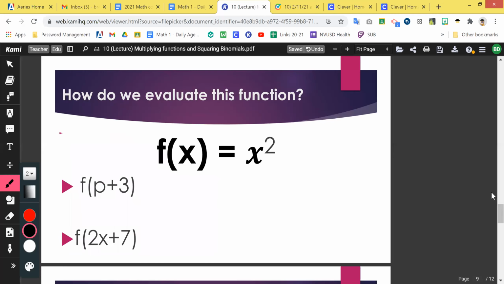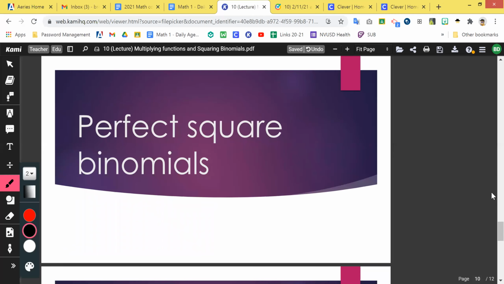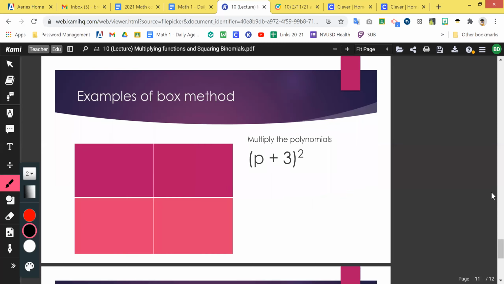So this last example is called a perfect square binomial. And essentially, it's just a different way of representing the same type of problem. Okay, so here's our last example. We have p plus 3 squared. Okay, so we just got to remember what that little exponent means.